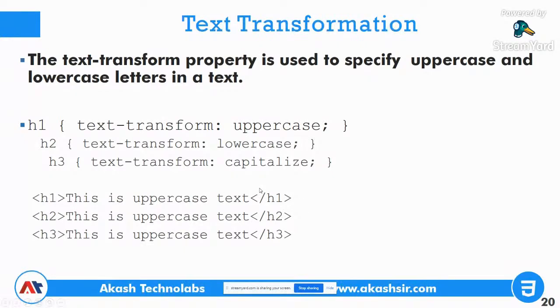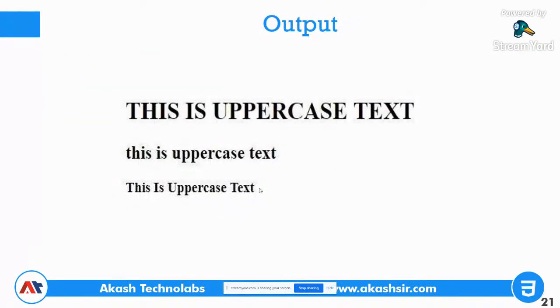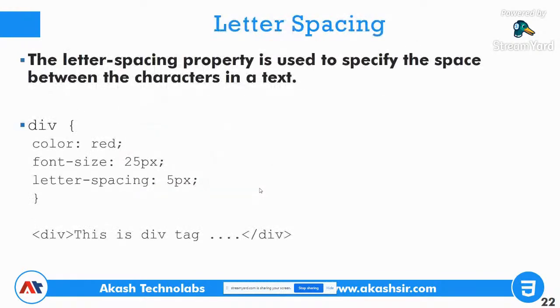So normally, if we don't have this kind of property, then you know very well we have to rewrite this statement again and make it uppercase, right? But because of this property, we can simply change the text transform, right? So for an example, you can see this is uppercase, this is lowercase, and this is capitalized actually.